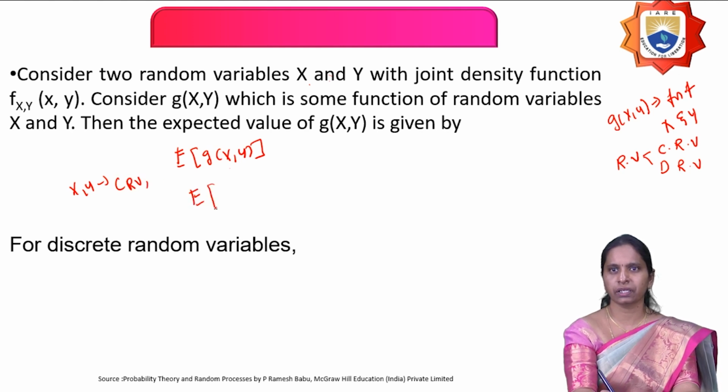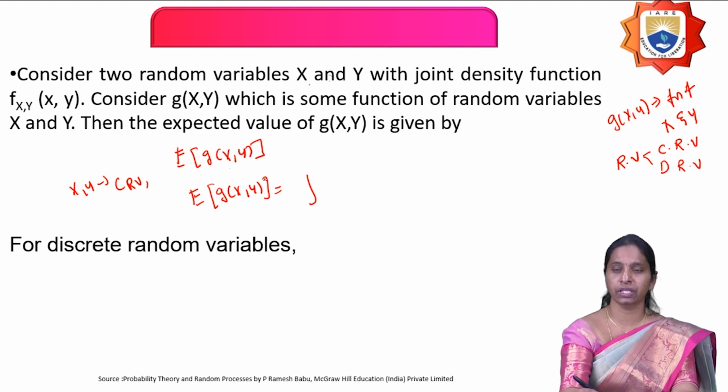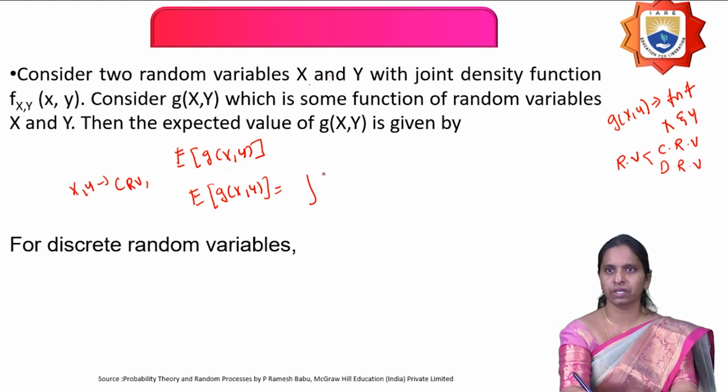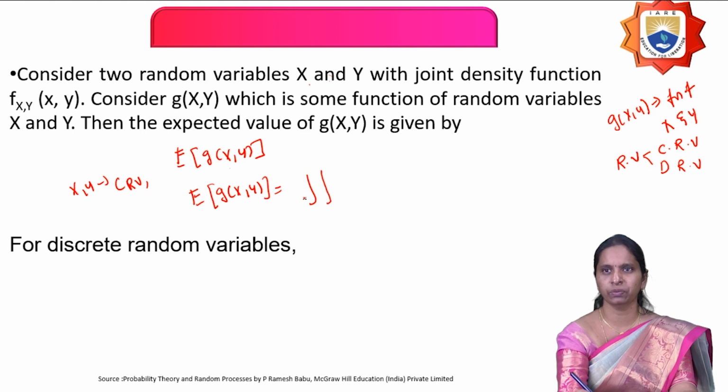Now if X and Y are continuous random variables, then expectation of g of x comma y is equal to what? How many random variables here? You have two random variables. Therefore, with respect to x, one integration, with respect to y, one more integration, and the limits are from minus infinity to infinity.